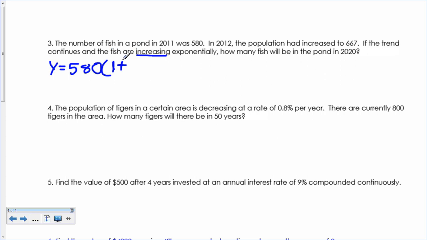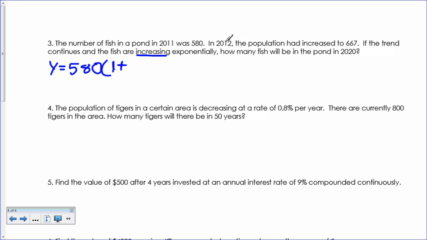I don't see a percent mentioned anywhere in here, so you have to do a little bit of work to find the rate. What we do know, in terms of how it increased, is that the first year it was 580, and then in the second year it became 667. So we want to figure out how much that increase is, and then what percent of the initial that was, and that's how you find the rate.